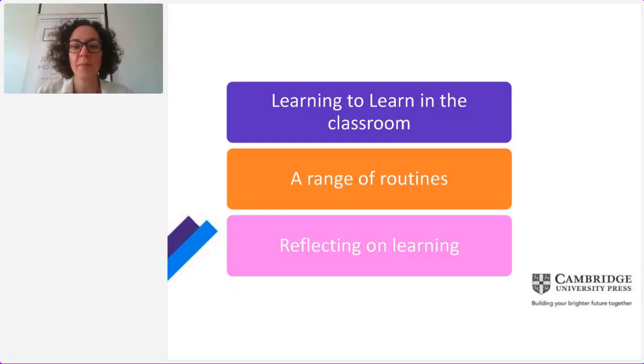When we think about reflecting on learning, this is another part of students' journey to become more autonomous, and young learners need to develop the reflective and evaluative skills to monitor their progress in learning.